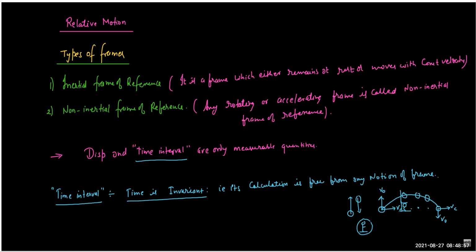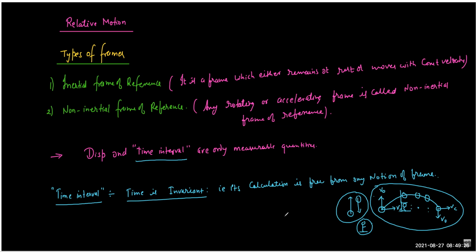So now tell me, which frame is easier to analyze the motion? Inside the car, because this is simpler motion. It's a vertical motion, versus a parabolic motion. So which one is easier to deal with? Vertical motion. And now what is interesting is that no matter which frame you choose, the answer must be the same, because time is the invariant quantity.